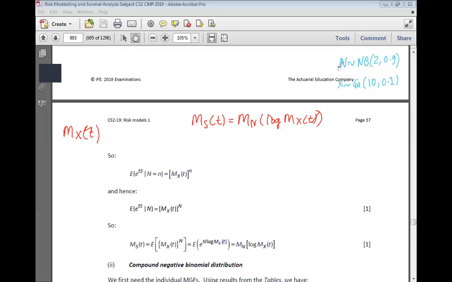I go to page number 12 in your table booklets, and you have the values for alpha and lambda. If you write the MX(t), what will it be, Isha? It will be (1 minus t by lambda) raised to minus alpha. So what is my lambda here and what is my alpha here? The lambda is 0.1 and alpha is 10.